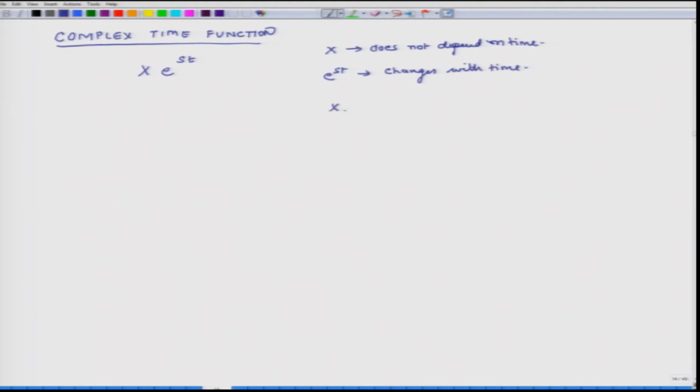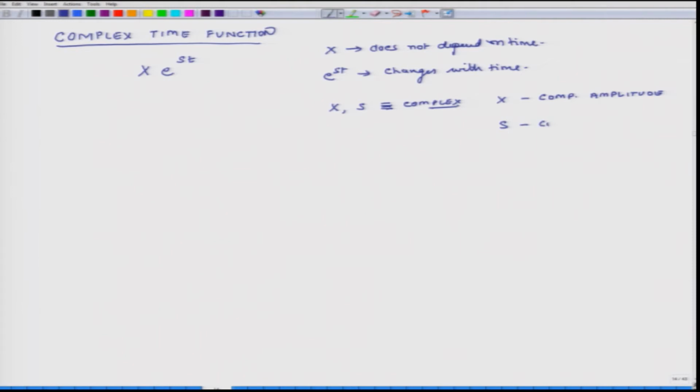Now, X and s are complex. X is the complex amplitude and s is also complex.